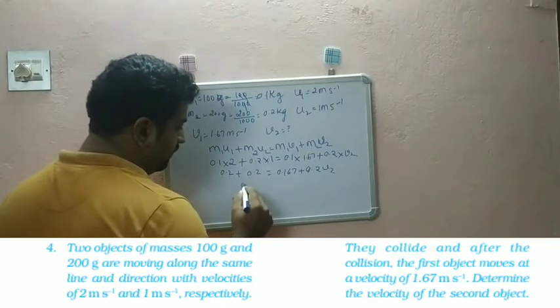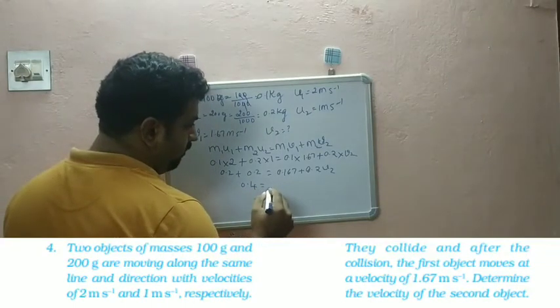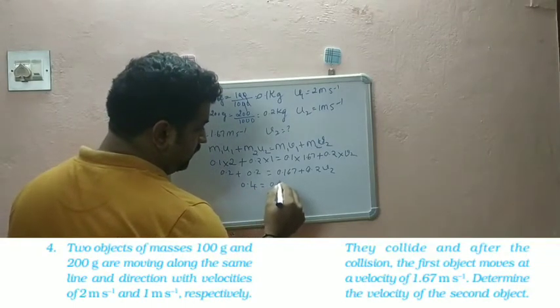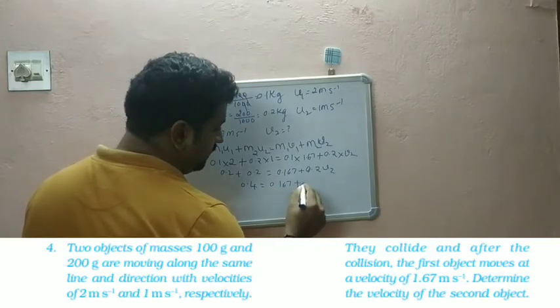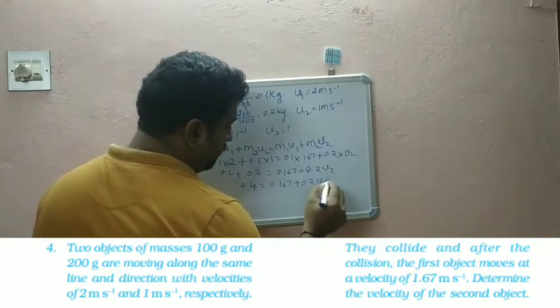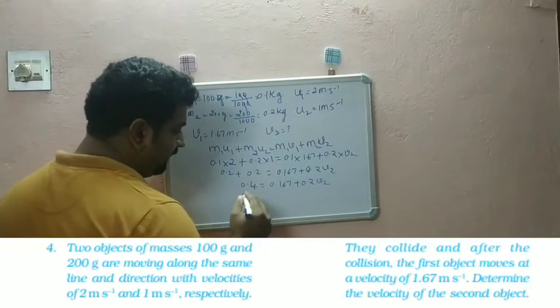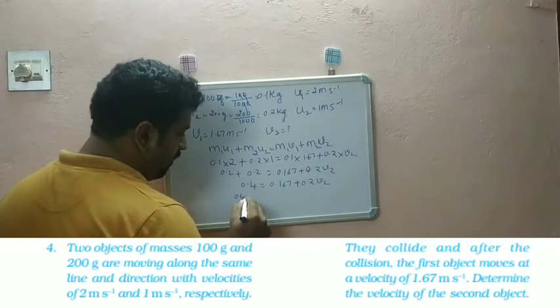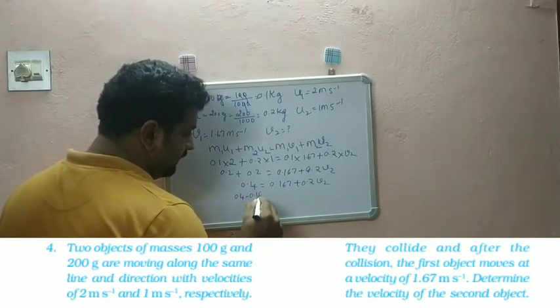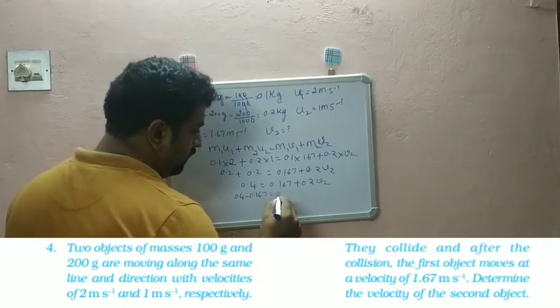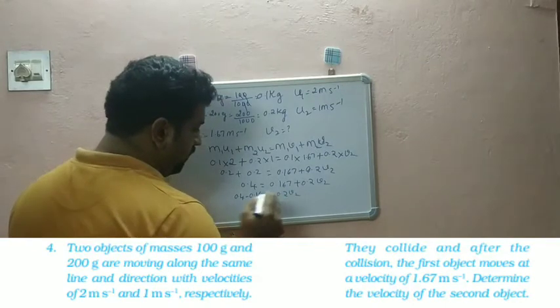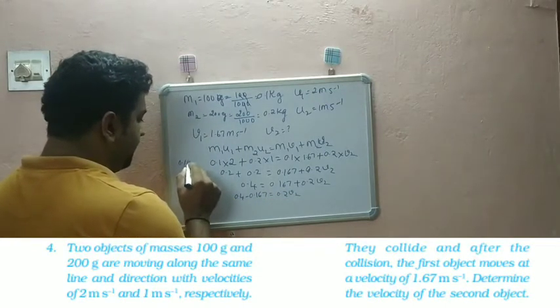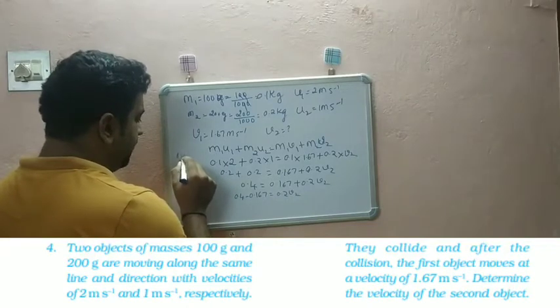Okay, now what happens? 0.2 plus 0.2 is 0.4. So 0.4 is equal to 0.167 plus 0.2 V2. I bring 0.167 to this side. 0.4 minus 0.167 is equal to 0.2 V2. So 0.167 is subtracted from 0.4.